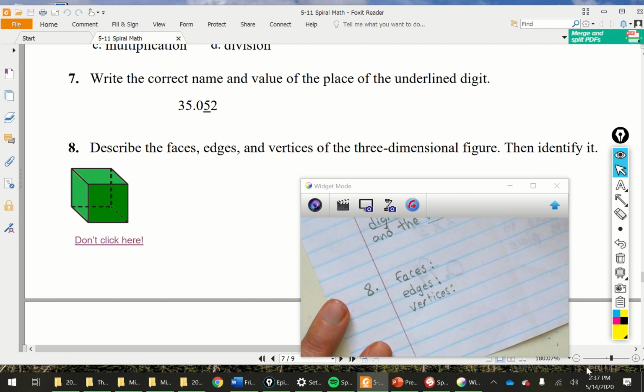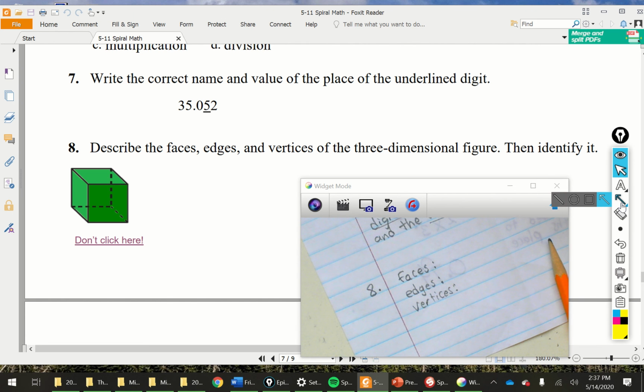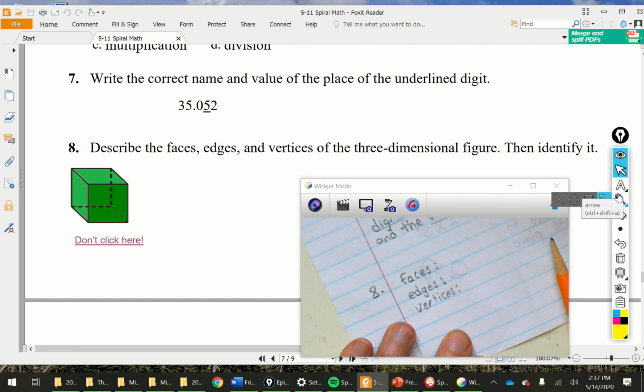Now the faces are, well, I wish I could spin this little shape around, but I can't, so I'll just have to do my best to show you what I'm talking about here. This shape right here has faces on it, and the faces are the flat parts here, and here, and here, and underneath, and in the back, and on the side.